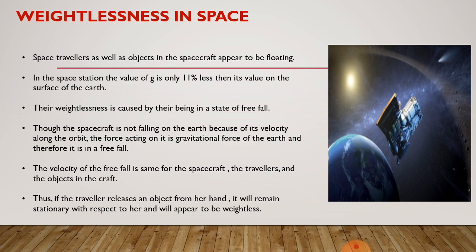Thus if the traveler releases an object from her hand, it will remain stationary with respect to her hand and will appear to be weightless. It doesn't fall to the surface of the earth.